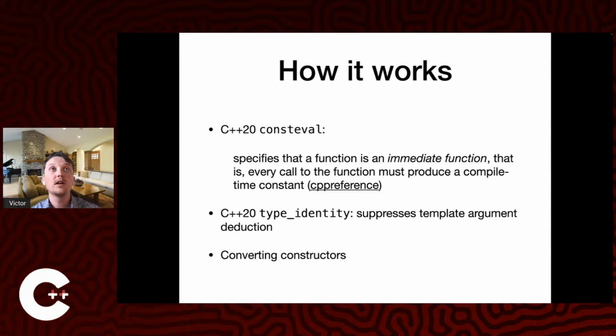The second thing it relies on is C++20 type_identity, which suppresses template argument deduction. This part is a bit subtle, I'll go over it later in more detail. And finally, we need converting constructors, which is a C++98 feature, nothing cool.